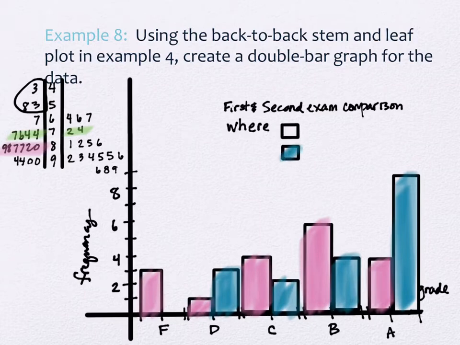So there's my blue box, and here's my pink box. The pink box is the first exam, and the blue box is the second exam. Does that make sense? Okay.